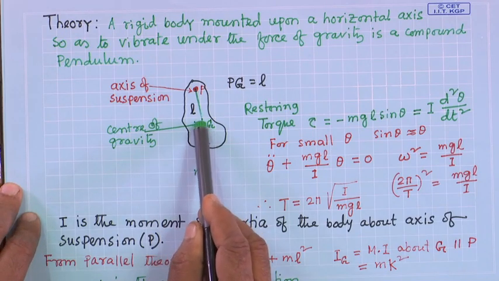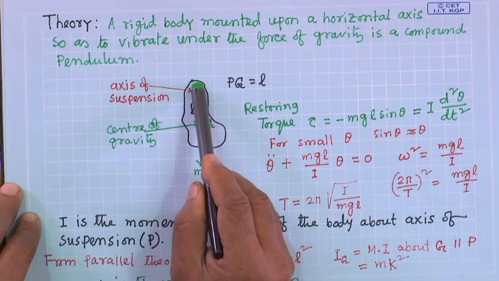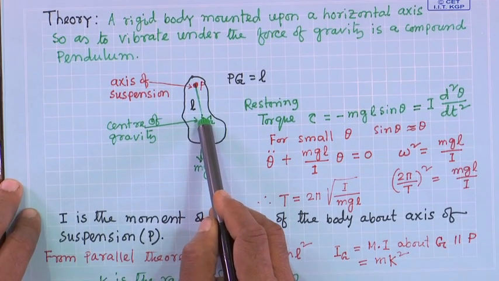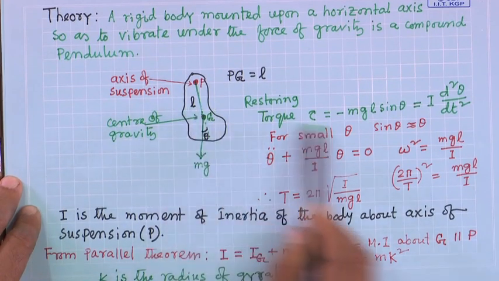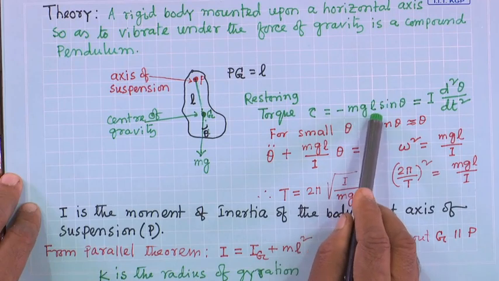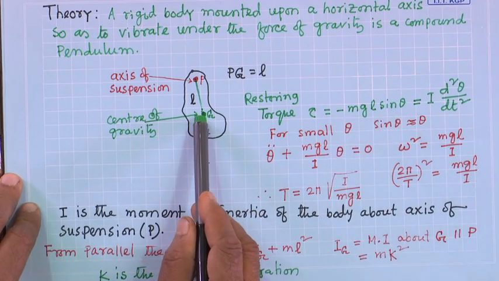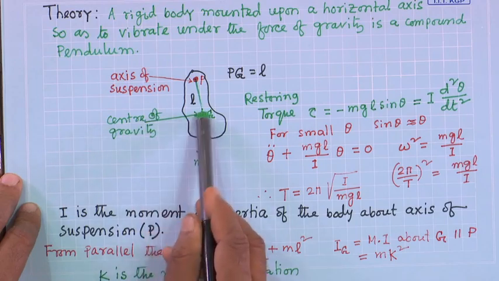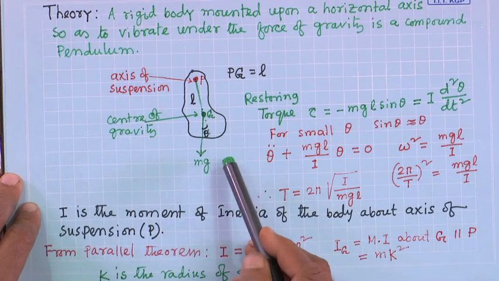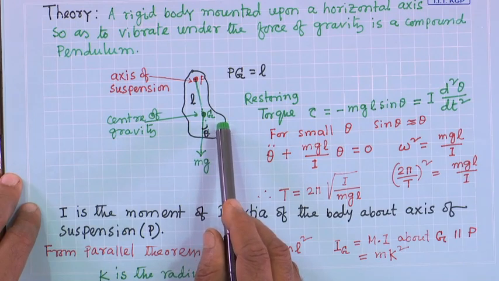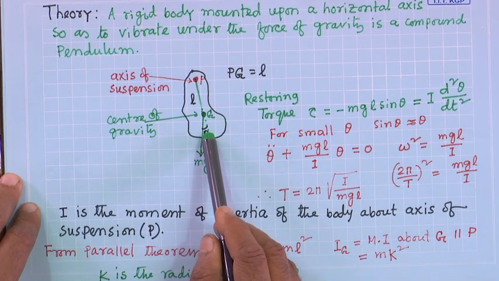So, this is the force and this is the distance with respect to P, that is the distance l. So, torque will be mg sin theta into l, that is, mgl sin theta, and the negative sign is because it is a restoring force, working against the change of theta.